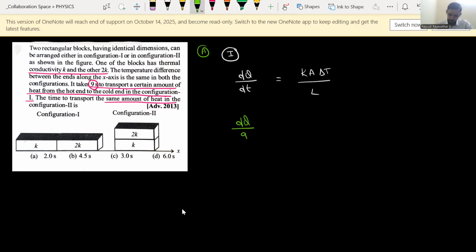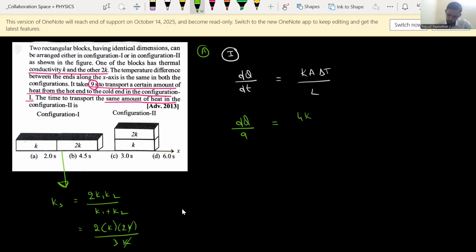So the dt value is 9, which equals, what is K equivalent in series combination? If you observe, the first configuration is a series combination. In series combination, K equivalent is 2 K1 K2 divided by K1 plus K2. The derivation of this formula is in the notes already given. So 2 into K into 2K divided by 2K plus K, this is 3K. K and K get cancelled, so this becomes 4K by 3.